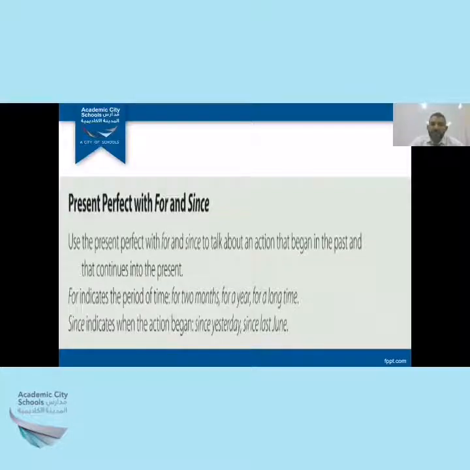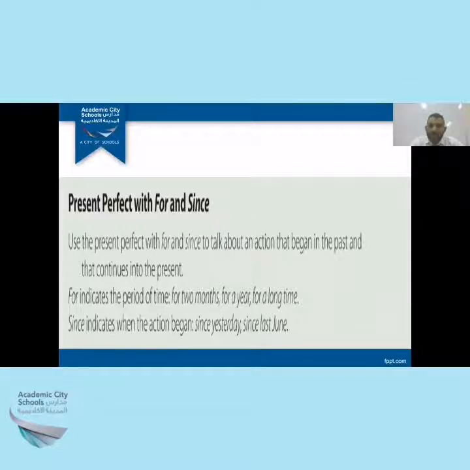Present perfect with for and since. Use the present perfect with for and since to talk about an action that began in the past and continues into the present. Let's start with for.